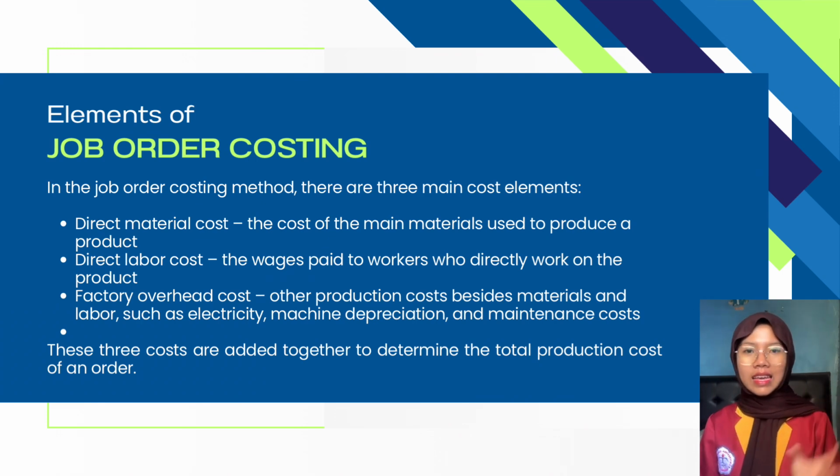The third is factory overhead cost, which includes other production costs besides materials and labor. Examples are electricity costs, machine maintenance, and equipment depreciation. These three elements are added together to determine the total production cost of an order.